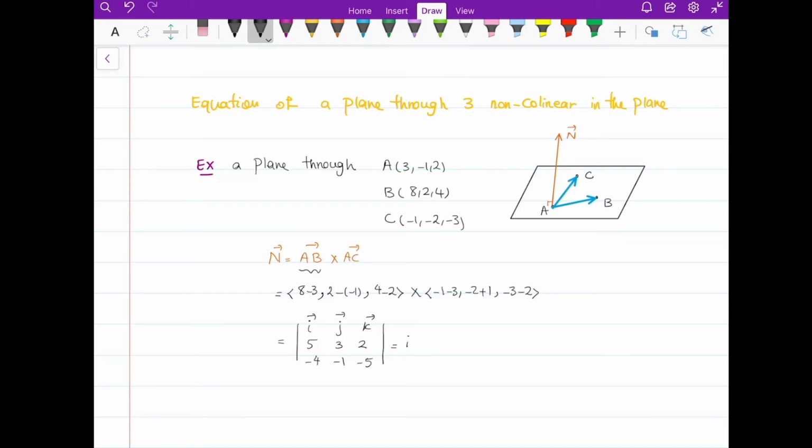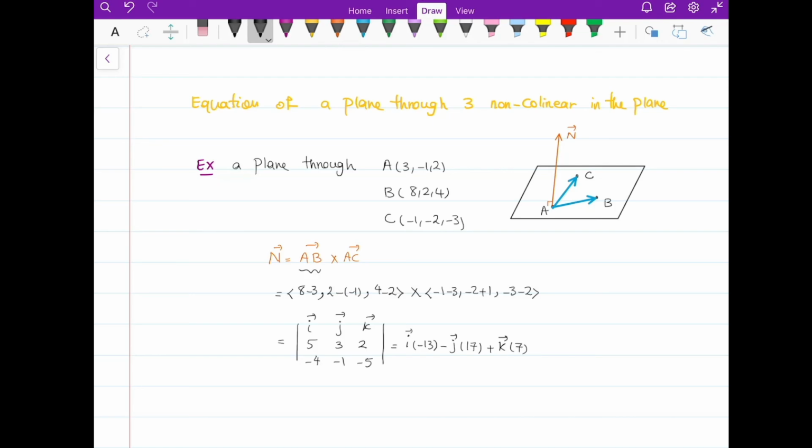So it would be i times, I'm going to remove the row and column that contains i, so I'm left with -5 plus 2, I'm sorry, -15 plus 2, it's -13, and I'm going to do the same thing: minus j 17, and then plus k 7.